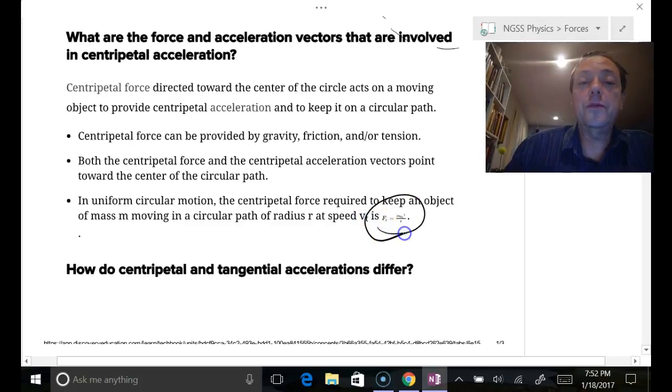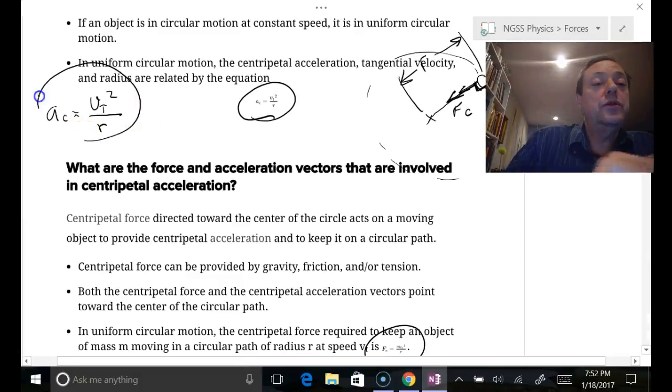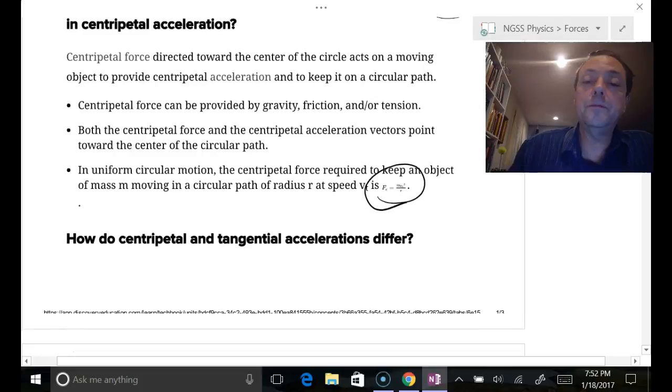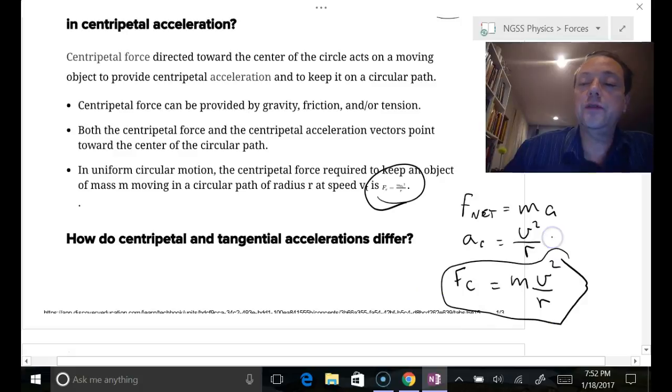And centripetal force is actually centripetal acceleration brought into the second law. So if net force is mass times acceleration, and centripetal acceleration is v squared over r, then centripetal force is mv squared over r. Okay, so that's where they get that from.